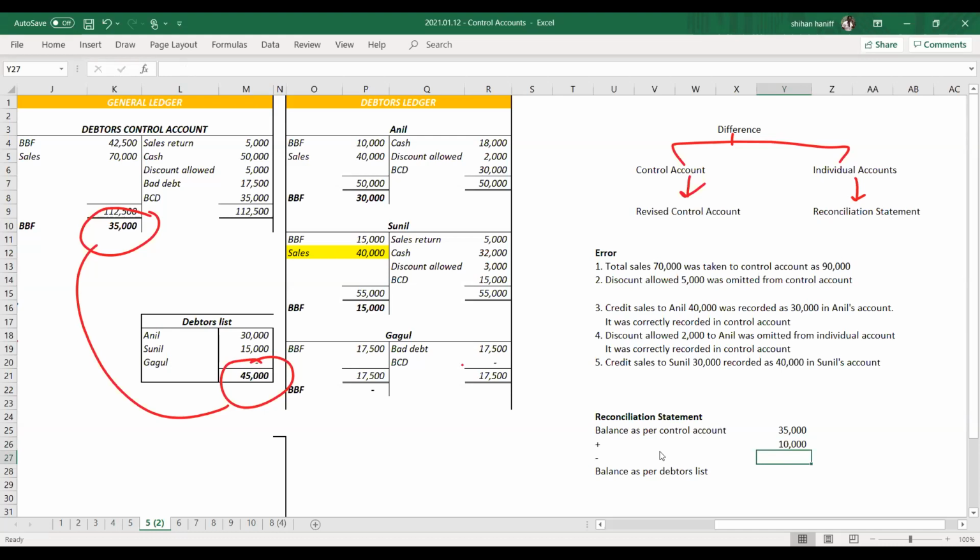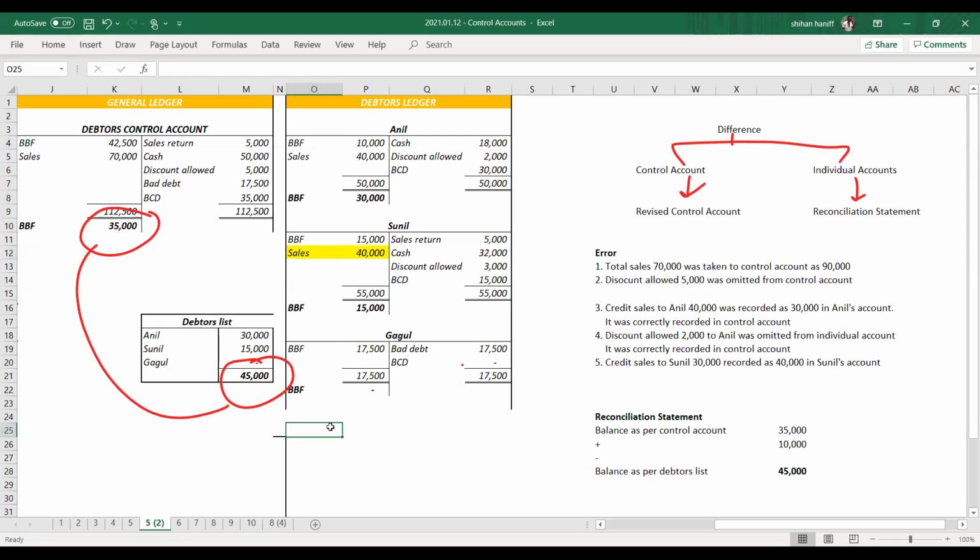It's not minus, it's plus. Why is it plus? Because the debtors list balance is more than the control account balance. So 45,000. Because of this error, the debtors list balance is more than the control account balance.